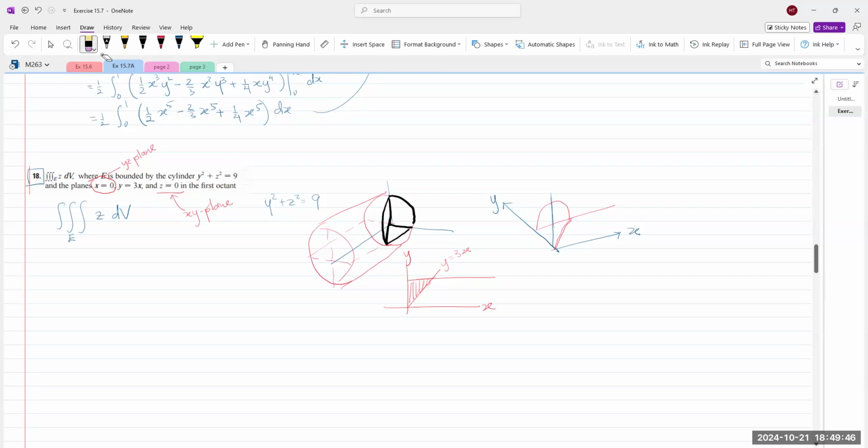Not a good view. Maybe this way then. If this is your x, this is the y, this is the z, on the domain this is y equals 3x. This is part of the cylinder, and this is also part of the cylinder. So this is what the solid looks like.